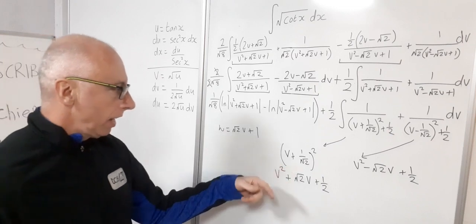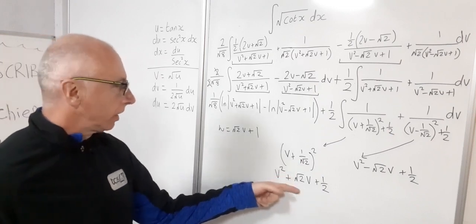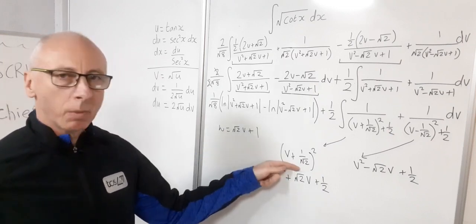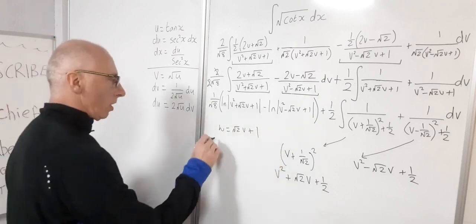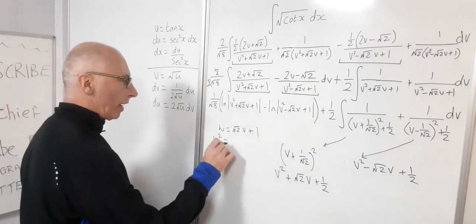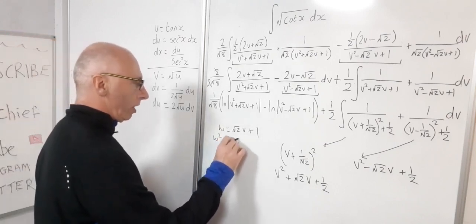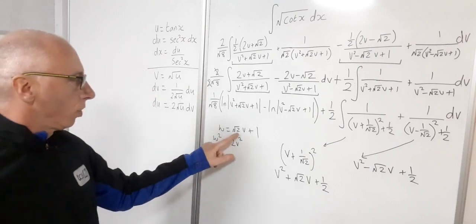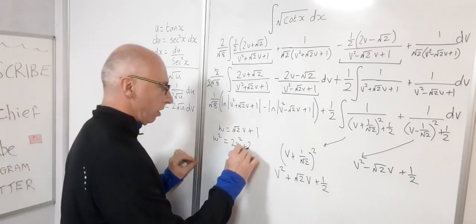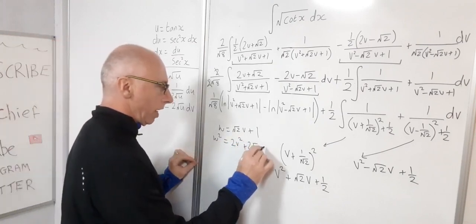And then somehow, because that's inside that, if we square this, we might get something with this. So let's square that. So w squared, squaring this, we'll have 2v squared, 2 root 2v, 2 root 2v, and then plus 1.